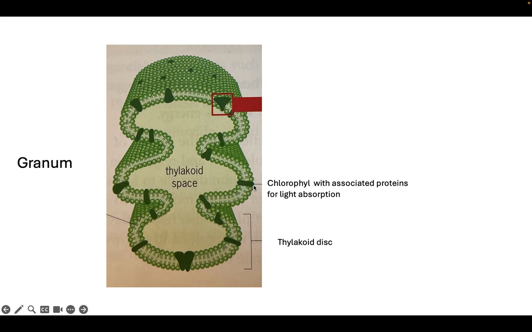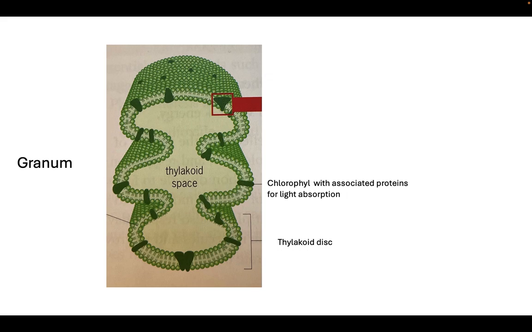Chlorophyll, as I mentioned earlier, is a type of molecule able to absorb blue and red wavelengths of light from the sun, and to capture this light and convert it into chemical energy. We're going to talk about that in a few minutes.